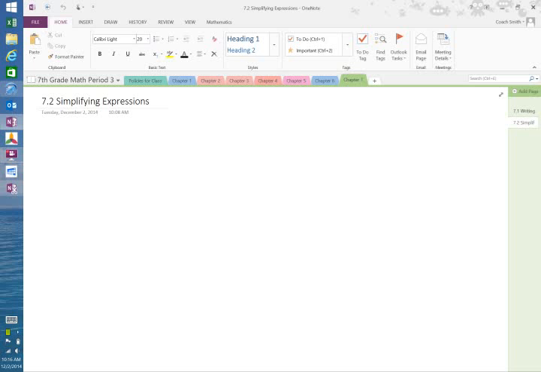7.2, simplifying expressions. Now, several things that we need to discuss and get down here. First is constant term.